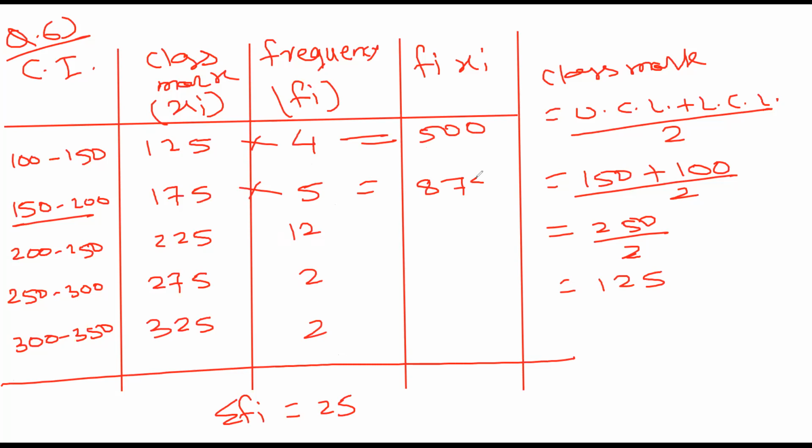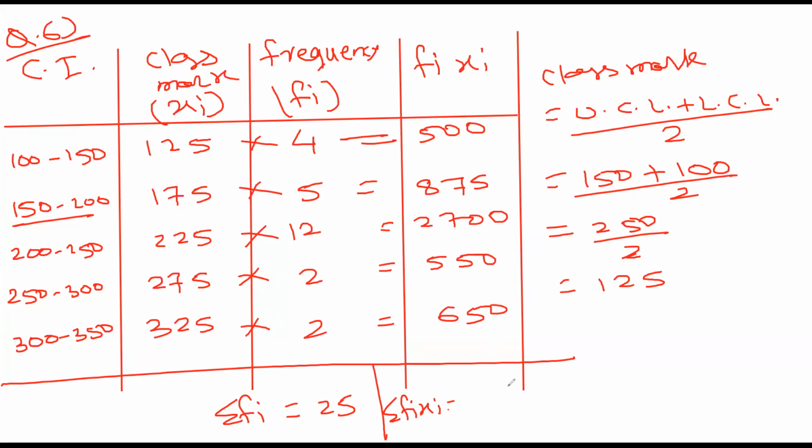Very good. 875. 225 into 12, how much is it? 2700. Yes, 2700. 275 into 2, how much is it? 550. And 325 into 2, how much is it? 650. Correct? Yes, sir. Yes. Now do sigma fi xi.